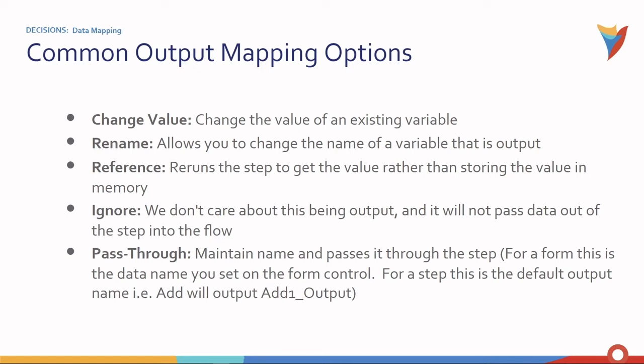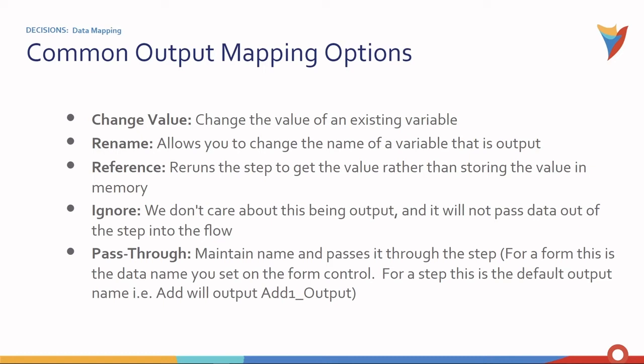Let's say you're already running your flow and you would like to change that particular data that has already been saved or is in memory inside of your flow, or even inside of a database. Maybe you want to change that value. Maybe that value is 100 and you want to change it to 125. Then you would use that change value option on the output to change that value.